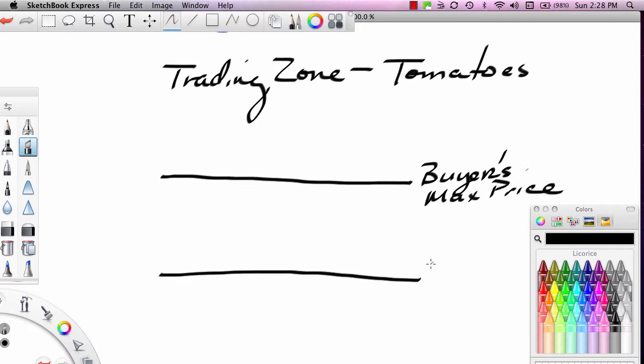The lower limit will be set by the seller's minimum price. So the buyer will only pay so much for tomatoes. The seller will only take so little for tomatoes. And this is true of really any product. The buyer always sets the upper limit. The buyer will only pay so much, and the lower limit is determined by the seller, who will only take so little.